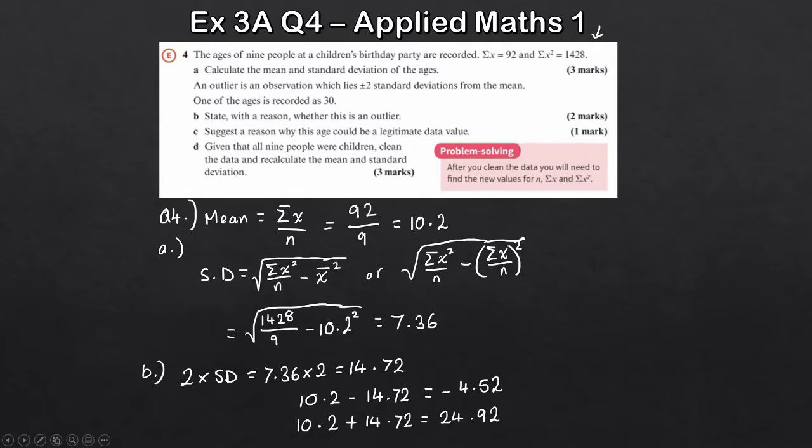Now, we're told one of the ages is 30, so all we need to do is consider 30 where it's greater than this value here. Well, clearly 30 is larger than 24.92, so we can say this is an outlier.